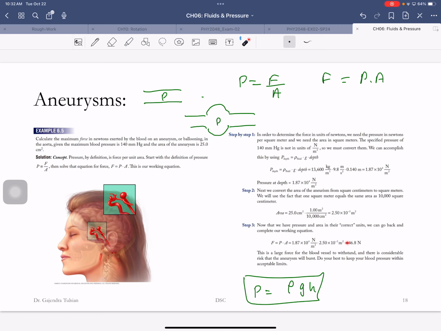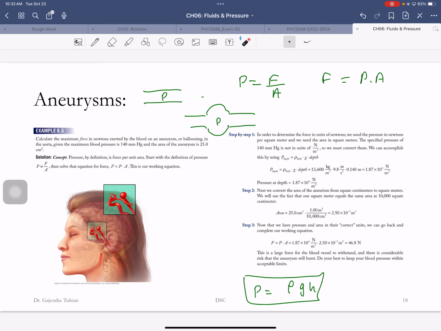So the force on this aneurysm is 50 newtons, and your weight is about 500 newtons. That's 1/10 your body weight. That's an enormous force. This wall is already weakened, and because the area increases, the force has increased. So this is a large force for the blood vessel to withstand, and there's considerable risk that the aneurysm will burst.